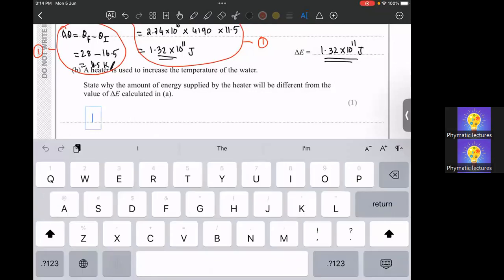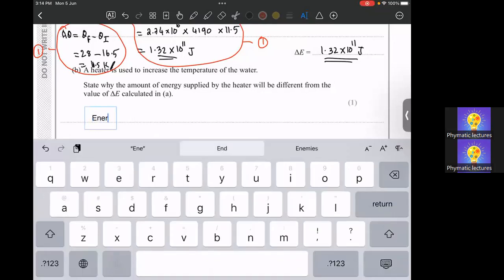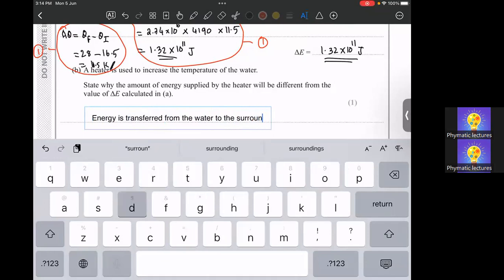So what will we write? Energy is transferred from the water to the surroundings. So what happens?